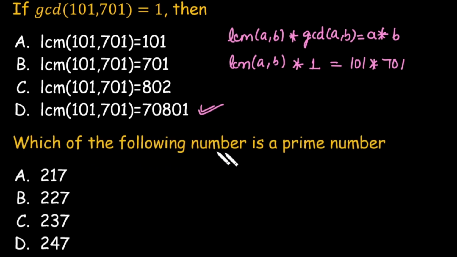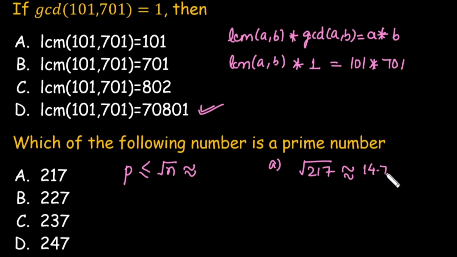Next is, which of the following is a prime number? Whenever we have a question about predicting whether it is a prime or not, we will again use a result. We have the given numbers. We will take the square root of these numbers, find the approximate value, then find all the primes that are less than or equal to that number. Like in this case, first case, root of 217. This is approximately equal to 14.73.